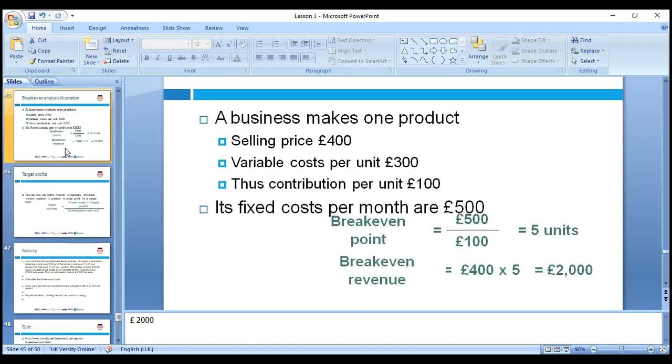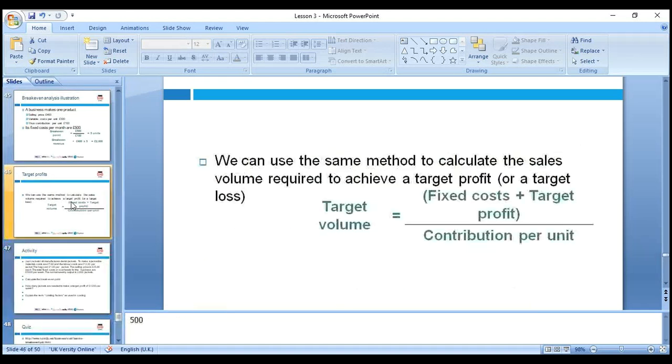And I need to find how much target profit I want. Let's say I want a target profit of £1,000 every month at least, to meet my expenses. What was the contribution per unit? Because selling price minus variable cost, our contribution came to 100.